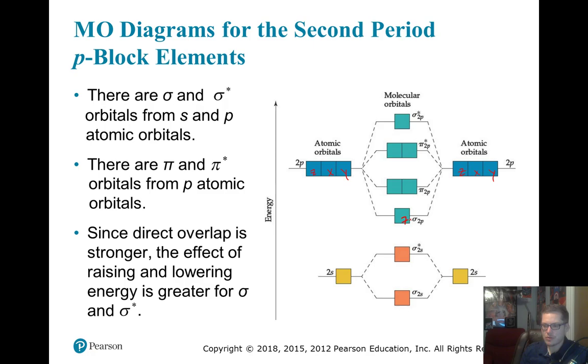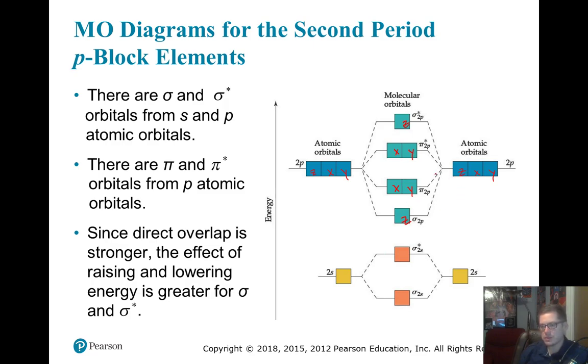So these two orbitals are going to form our sigma and our sigma star, because those are your end over end. Then one x is going to form your bonding, one's going to form your anti-bonding, and then your y. And it doesn't really matter if it was 2x that formed the bonding pi's or the anti-bonding pi's.